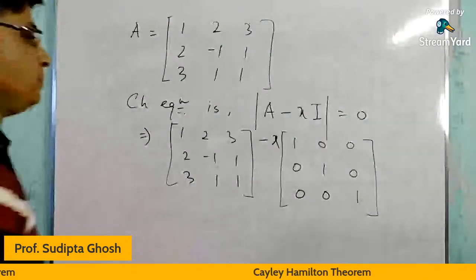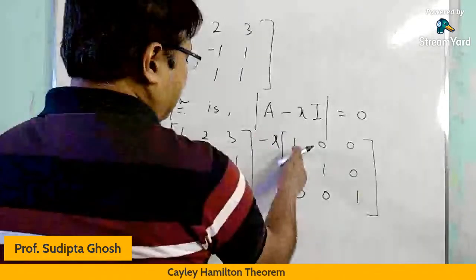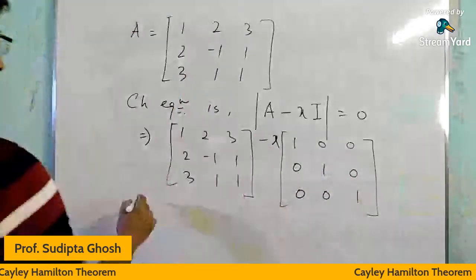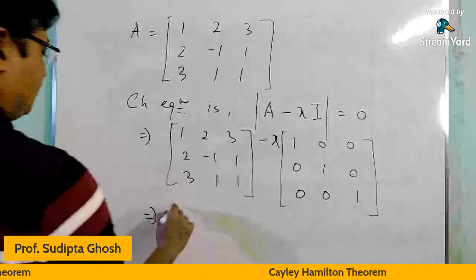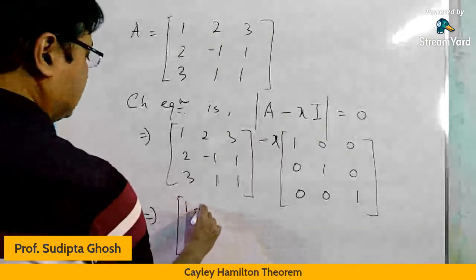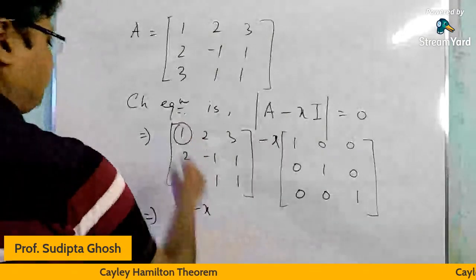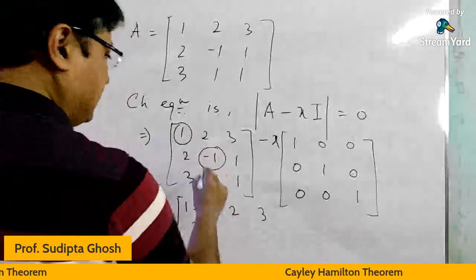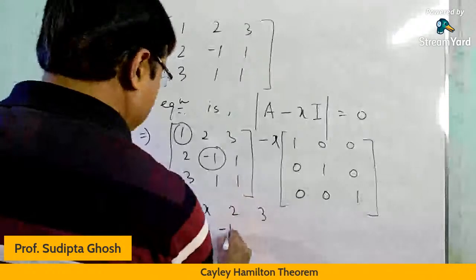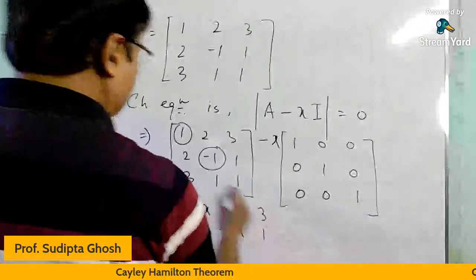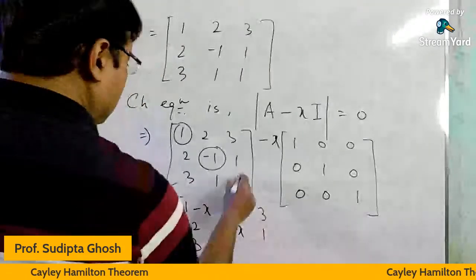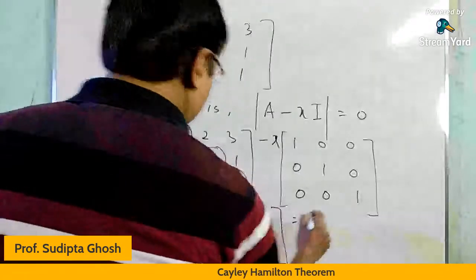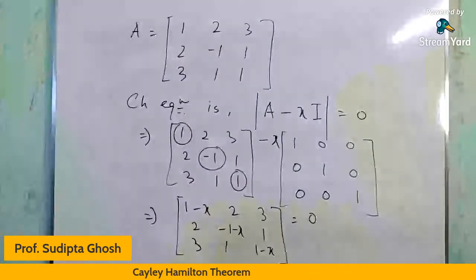You can write it as x 0 0, 0 x 0, 0 0 x, and then after subtracting it will be 1 minus x, this is the first term, then 2 3 2, then the second term will be minus 1 minus x, 1 3 1, and this will be 1 minus x, equated to 0.